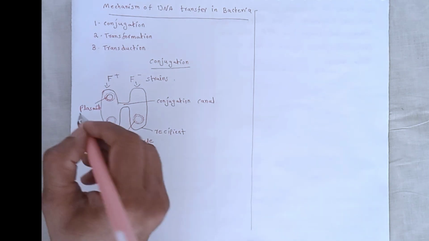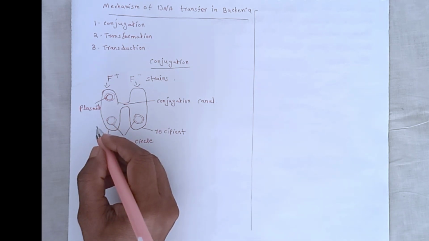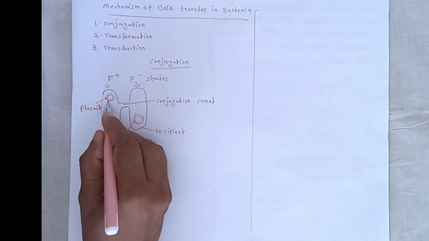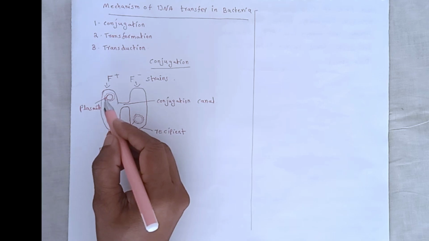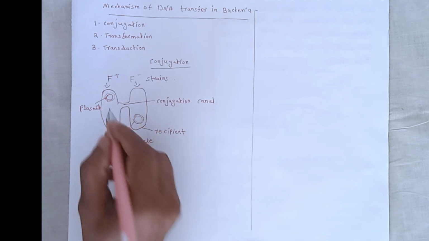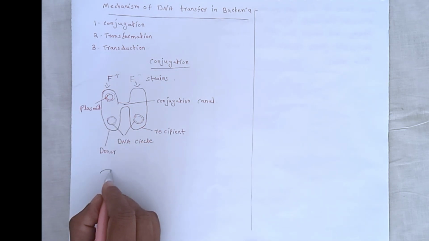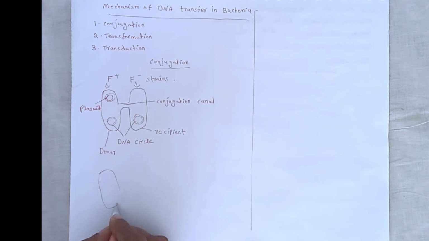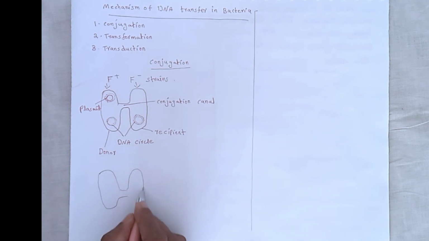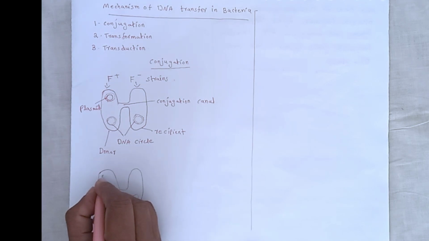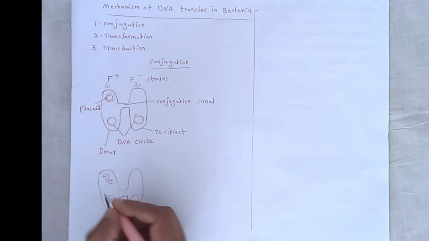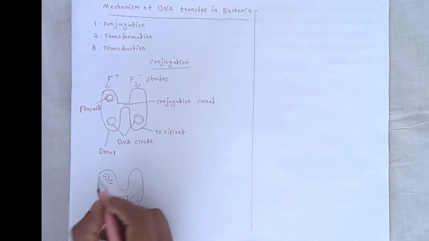First the plasmid rewinds and forms two strands. Now we can draw the picture. The plasmid rewinds and the two strands are separated.